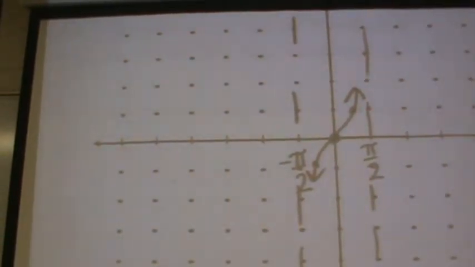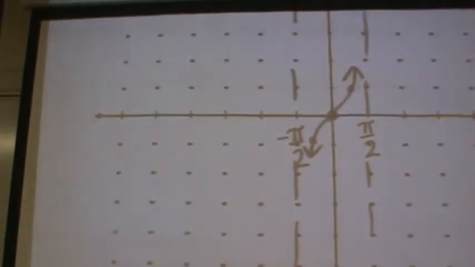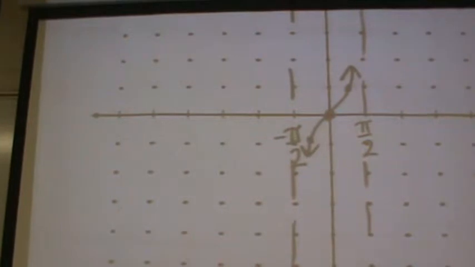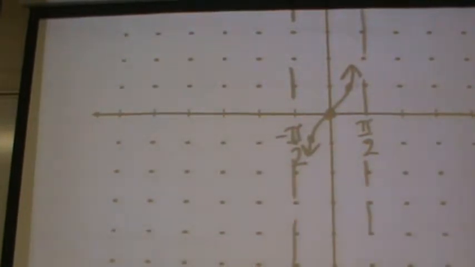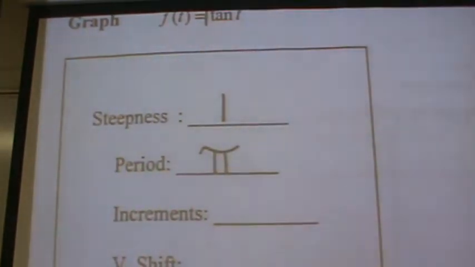How long did it take us to get from here to here? Is it 2 pi? What's this length right here? It's pi. So the period for tangent is every pi.